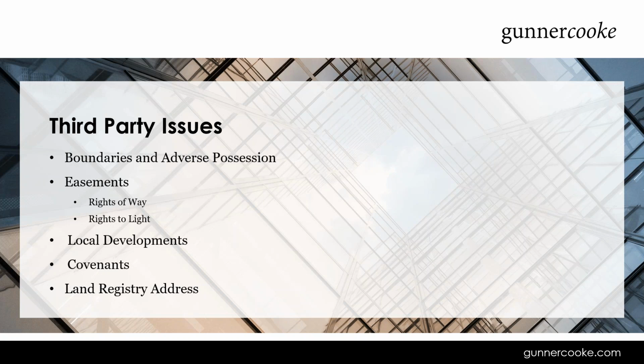If they are using a right of way in that way, without force, without secrecy, without permission, so the Latin for that you'll hear quite frequently is nec vi, nec clam, nec precario. If they are using the property in that way, then after 20 years, it is the potential that they have got an easement over your property. That again is going to be very difficult to challenge.